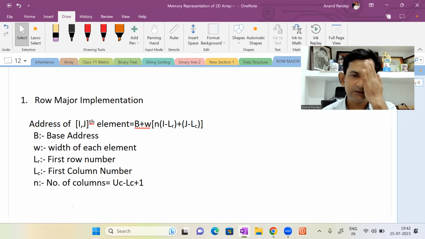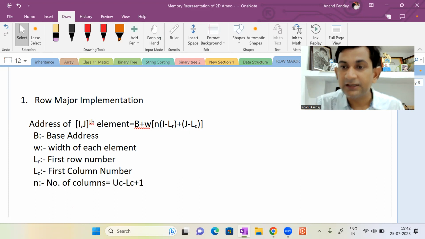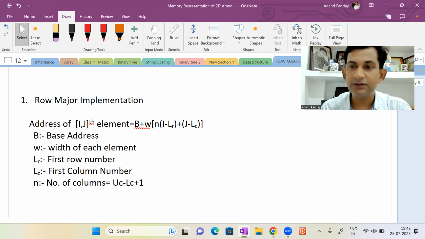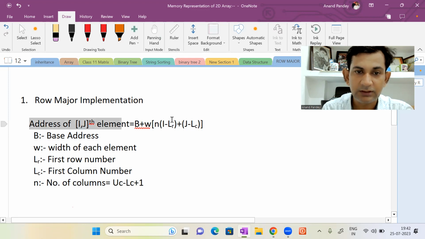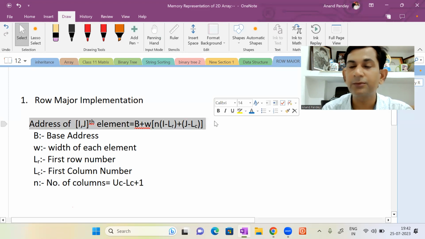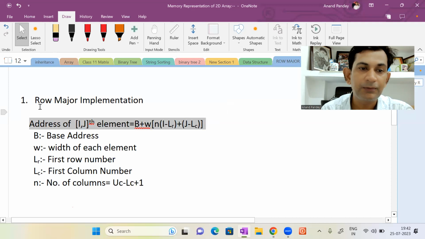I will make everything clear with the question, which type of question will come in your examination. So this is the formula. You have to learn this formula, and this formula is for row major implementation.